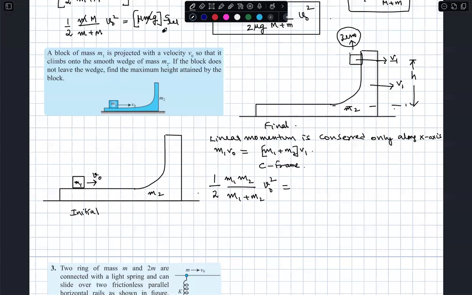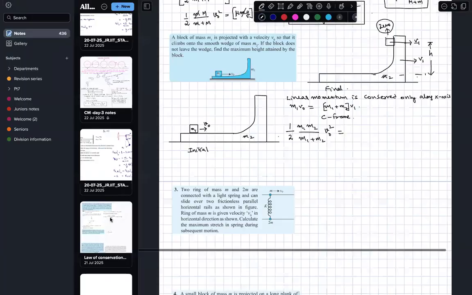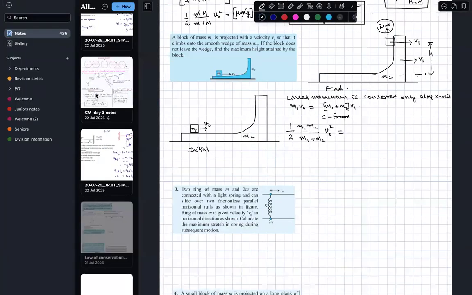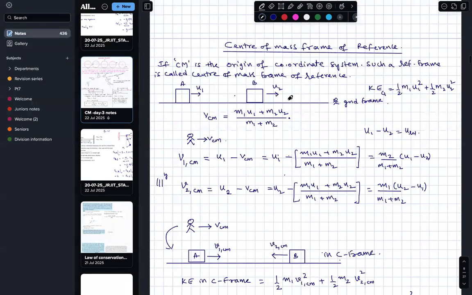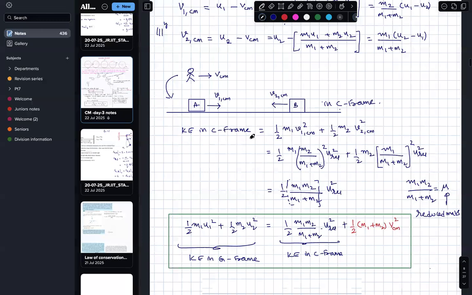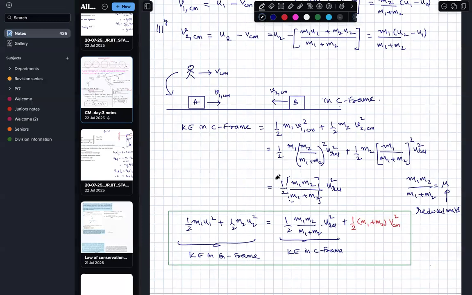I don't know how many remember this. Please try to refer to those notes once. Here it is. Now we have done the C frame, the center of mass reference frame. So kinetic energy in the center of mass frame is half m1 m2 by (m1 plus m2) times v relative square.